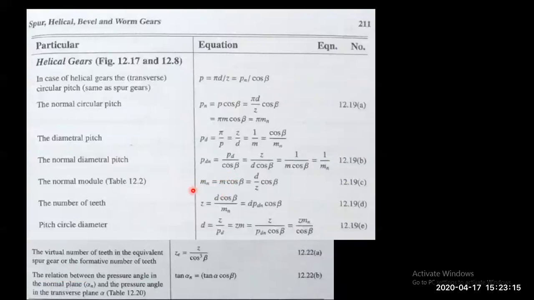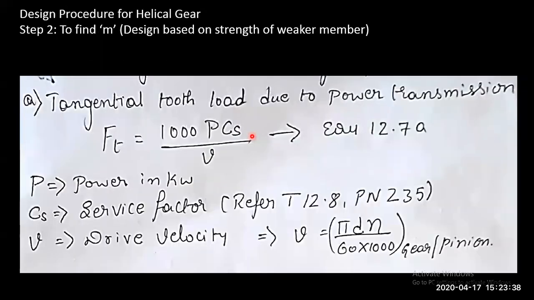We can use this since the module is very low. Usually the module hovers around 3 and above. It's safe to keep it 3 and above. So let's use this: mn, that is normal module, equal to m cos beta. We'll use this before we go to the third step.